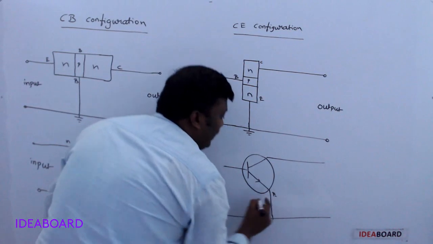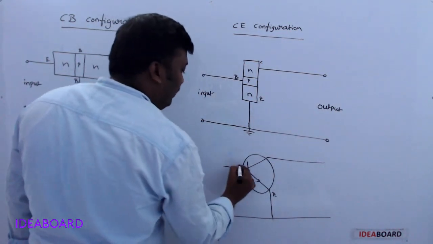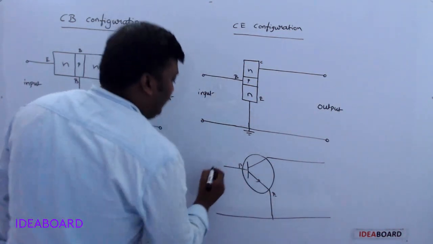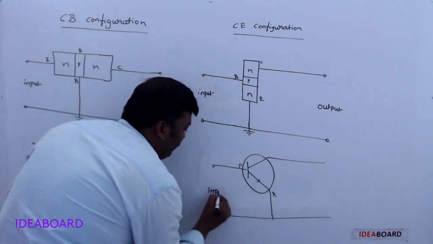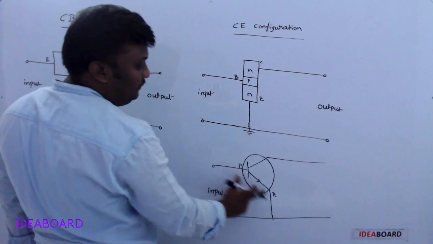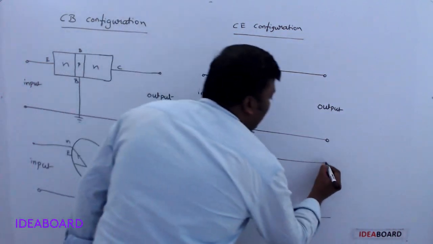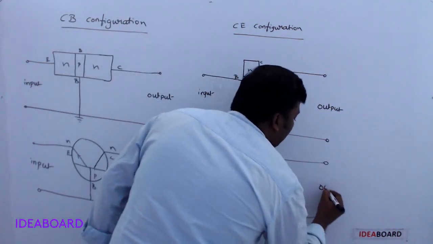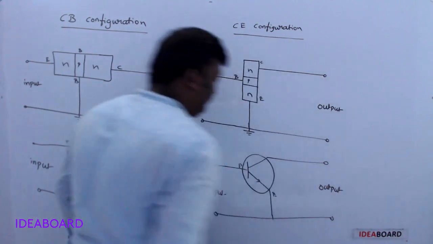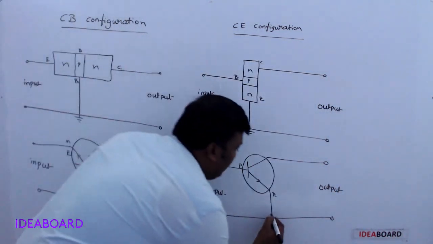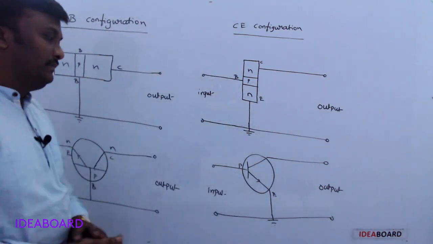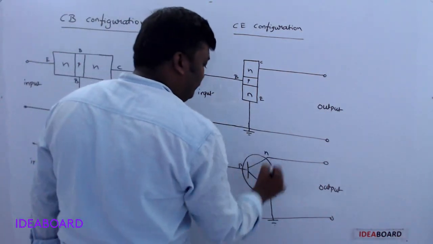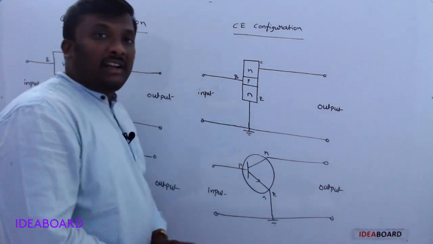This is emitter because we have the arrow mark here, and this is P. Now you may take the input across the base and emitter, output across collector and emitter. Understand? And common terminal emitter is earthed. Clear na? Understand?